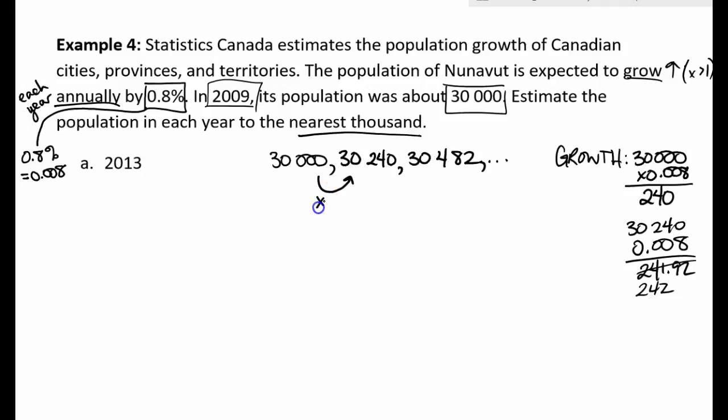Multiply my initial value by 1.008, and you will actually come up with 30,240. And again, that will work if we do the same here, times 1.008. So again, it needs to be bigger than 1 because it's growing, it's increasing, not decreasing. I'm not taking a chunk out of it, I'm taking the whole thing and then some.